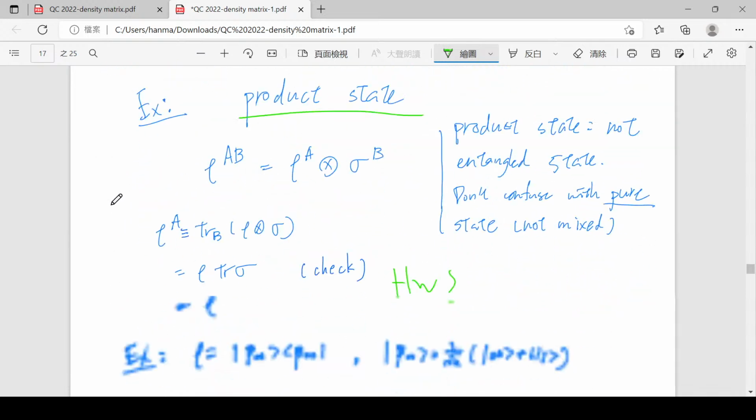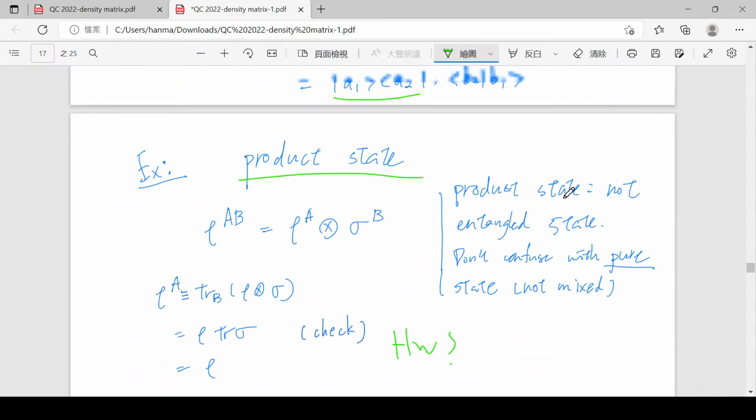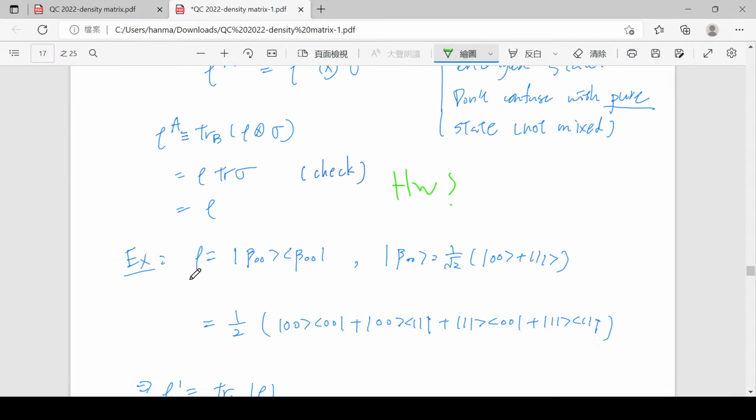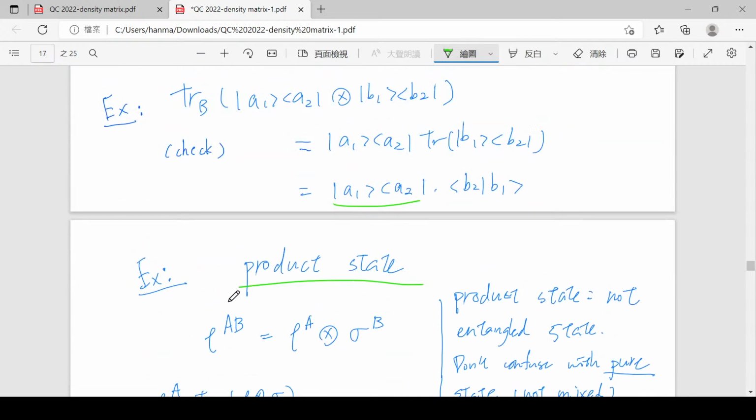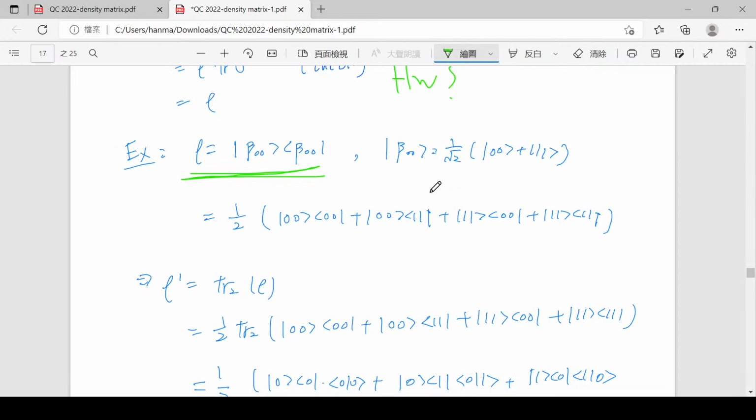So let's see an example of the confusion here. This is a pure state, but it's not a product state. Our favorite entangled state, the maximally entangled pair beta 0,0, that's 1 over square root 2 times (|00> plus |11>).